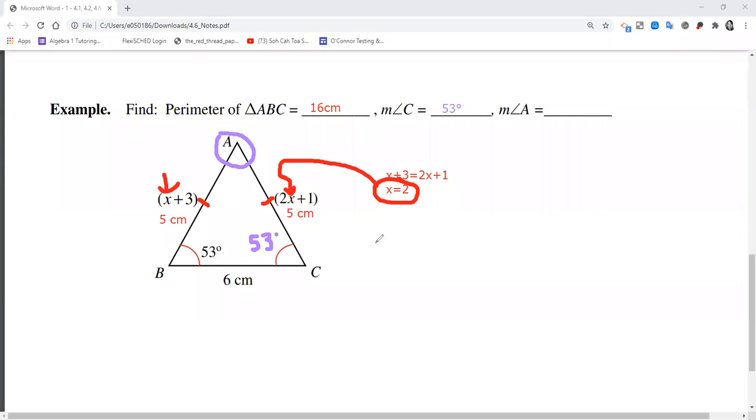So maybe if I started with 180 as my premise, all angles in the triangle add to 180, and I take away the two angles that I know. So 53 and 53 is 106. Then I'm left with 74 degrees. Oh, I think that's it, you guys. All right, so the measure of angle A is 74, alt 0176.